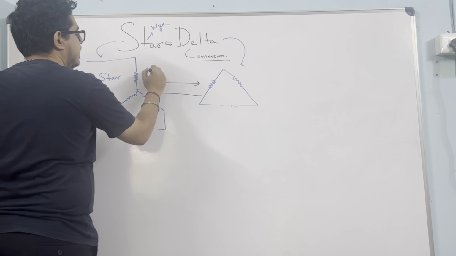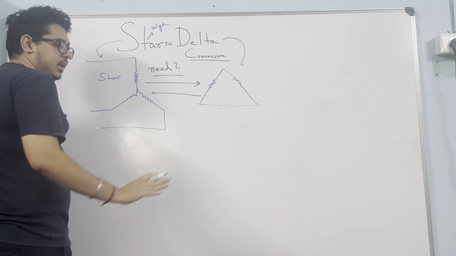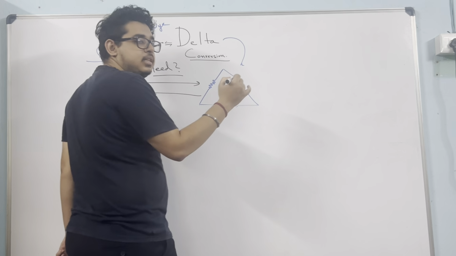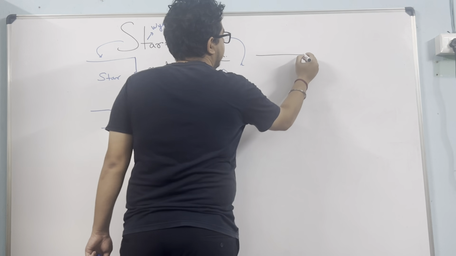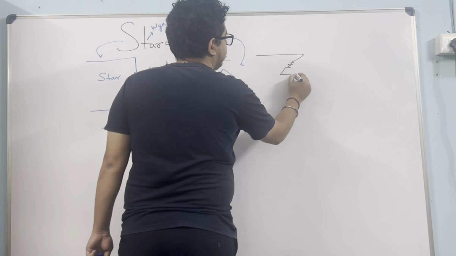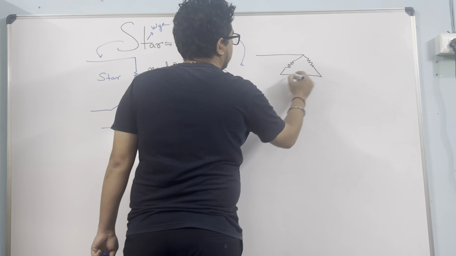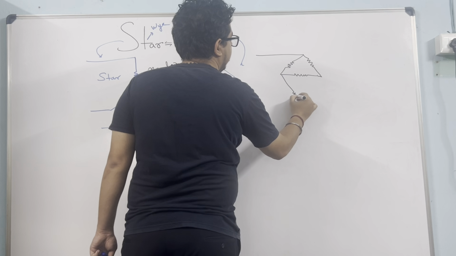So what is the need of converting the circuits? We will see an example. Suppose there is a problem you have to solve: there is a delta, and another delta of the opposite type.